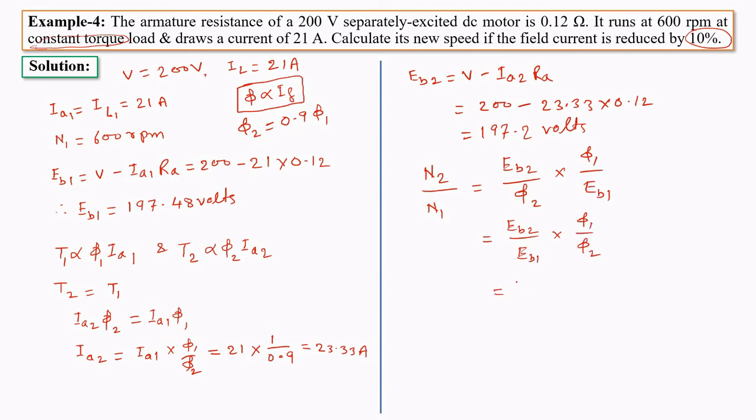Here EB2 is 197.2, EB1, the back EMF in the first case, is 197.48, and phi 1 upon phi 2 will be equal to 1 upon 0.9.